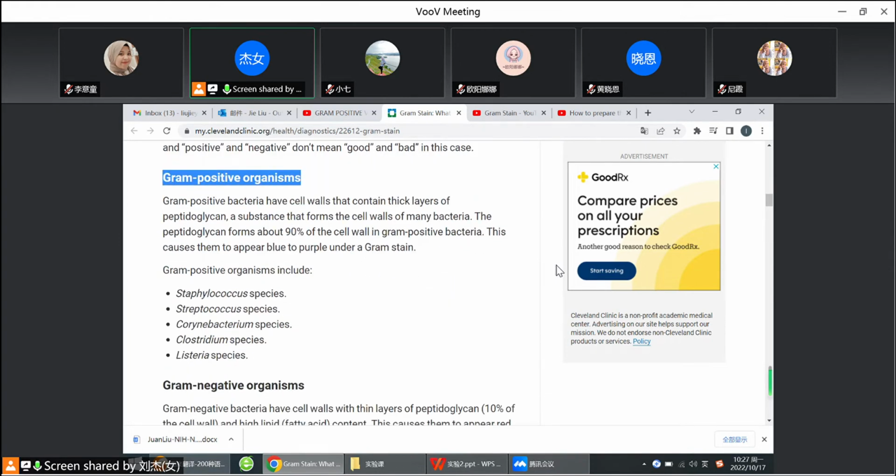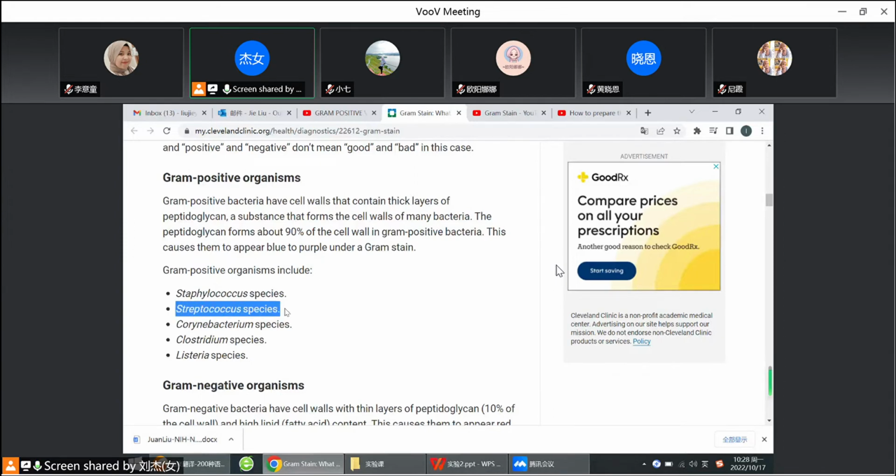Here, it just displayed some examples for gram-positive bacteria. And here we see, we just learned about the Staphylococcus species. And we also learned about the Streptococcus.